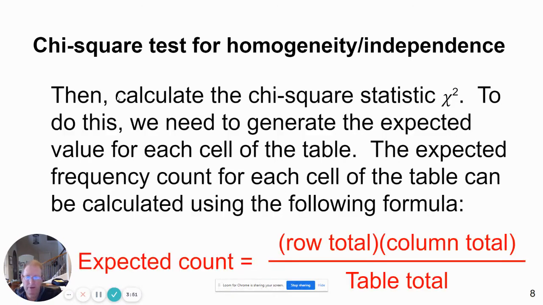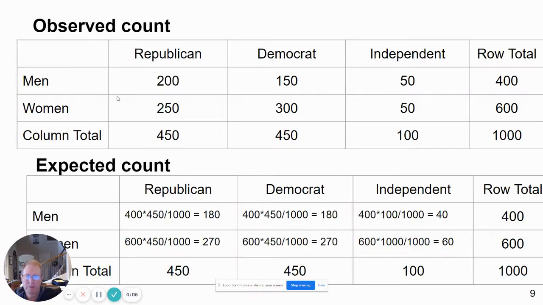So how do you calculate expected counts? Here it is. The expected count for each cell in the table can be calculated using this formula. It's the row total times the column total divided by the table total. So what does that look like? Here on the top, I have the observed counts, and the table below I've created here is the expected counts.